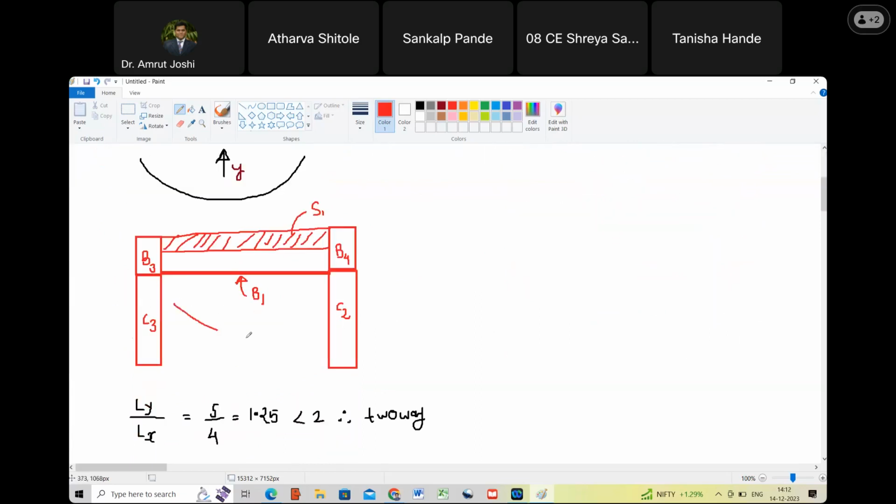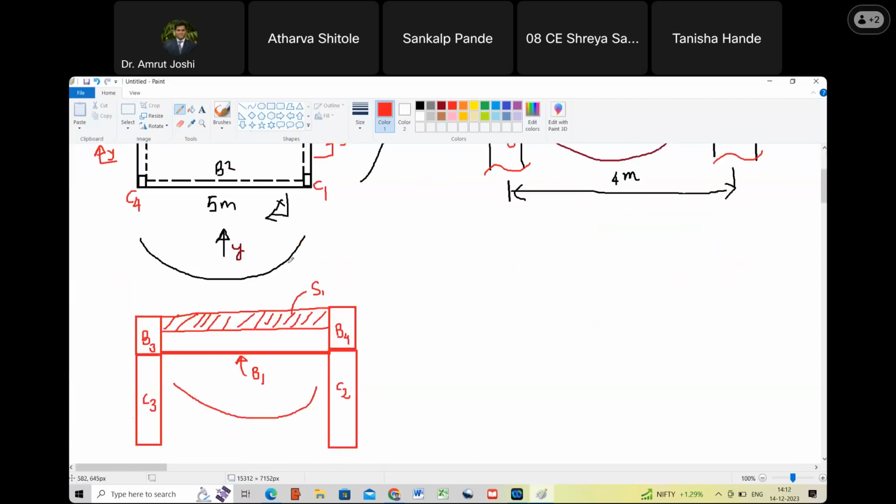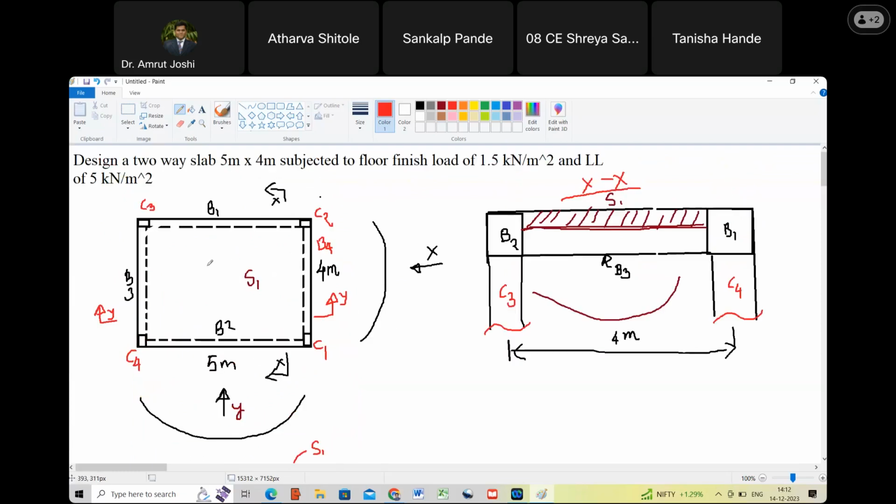This slab is going to bend in this fashion, which I have shown here. So you can imagine the entire slab bends like a saucer. The way a saucer has curvatures in both the planes. So it bends in one direction and perpendicular to it as well. So something similar to that is going to happen. This slab is going to bend like this as well as like this. Are you with me? Yes, sir.